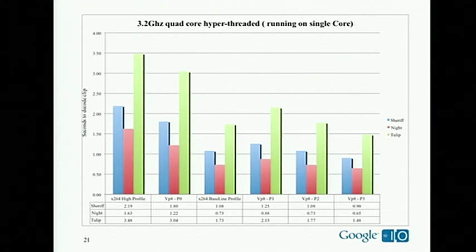Right now we have a couple of profiles. Our profile 0, which is our highest quality, maybe slowest to decode, is running about 15 to 20% faster than H.264 in its high profile, on high profile material. P1, which is our profile that competes well with baseline, is actually slower today on the newest machines.